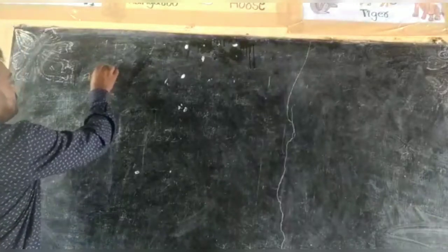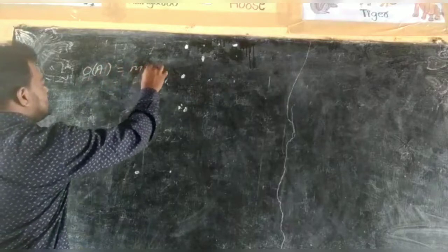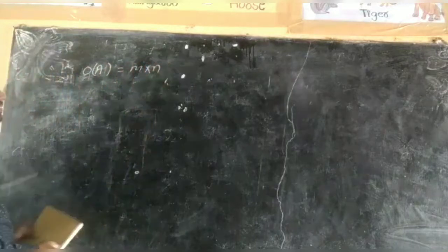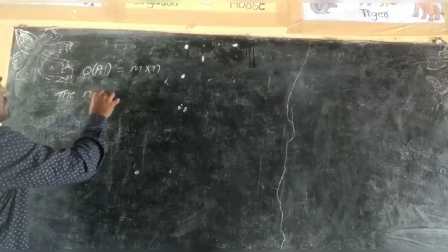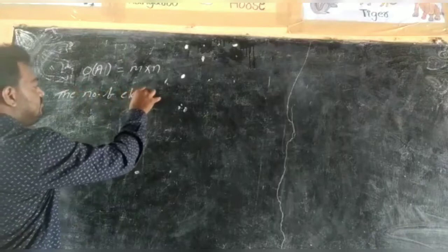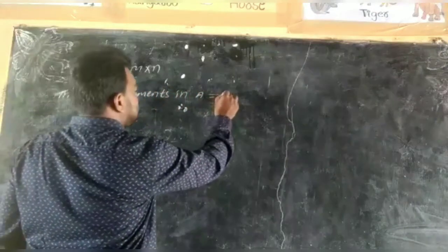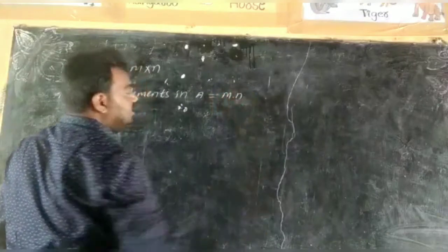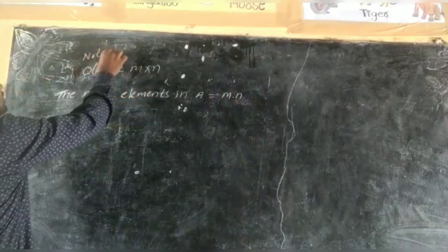See now, if the order of the matrix A is M cross N, then the number of the elements in A is equal to M into N. You remember this point.